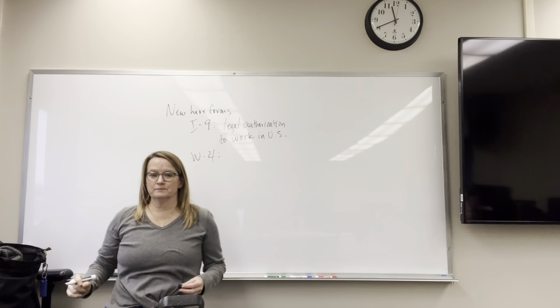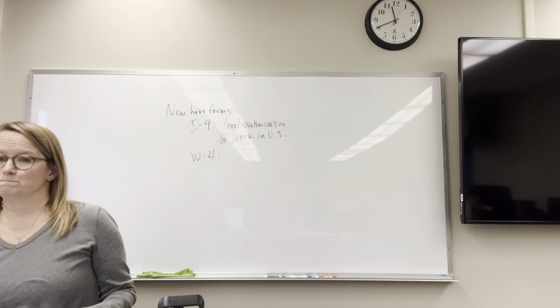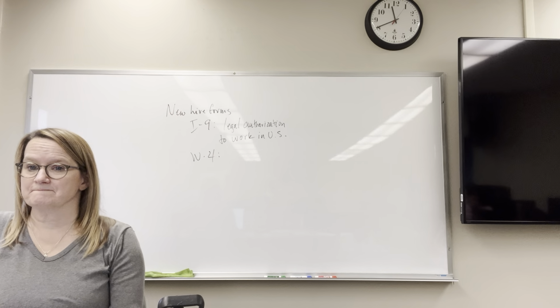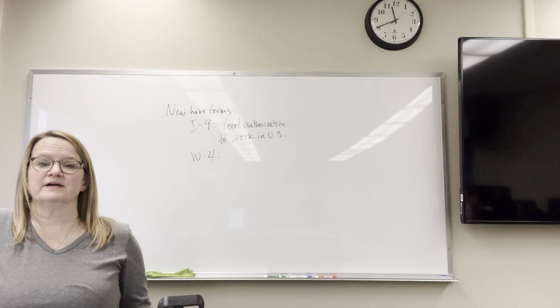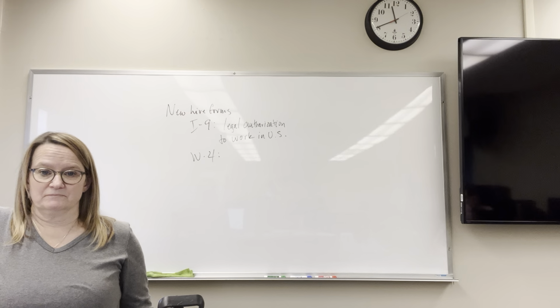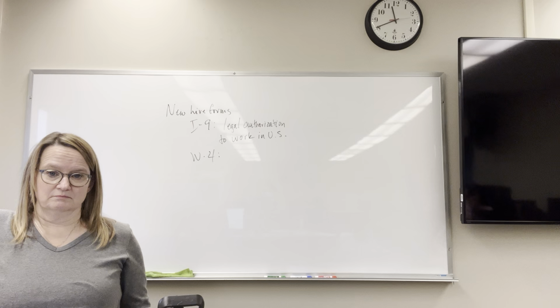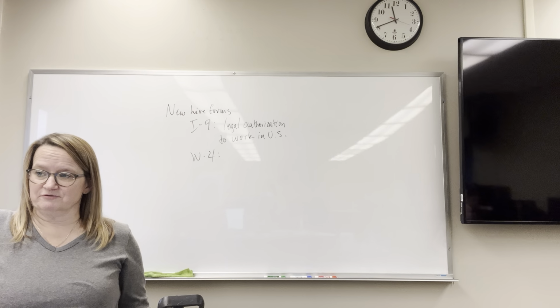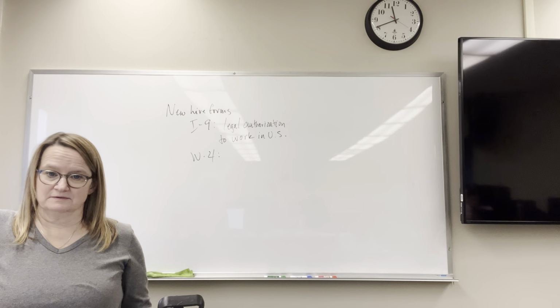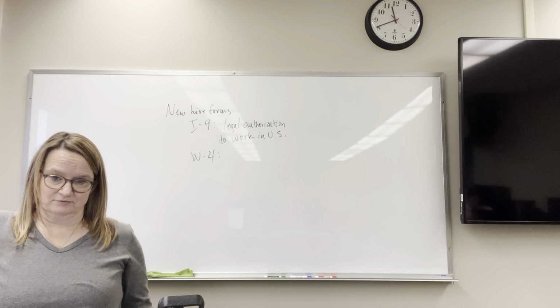What's the W-4 do? What kind of information does the W-4 provide? Dependent status, allowances. Okay, but why would they want that information? Payroll's going to be deducted for sure.